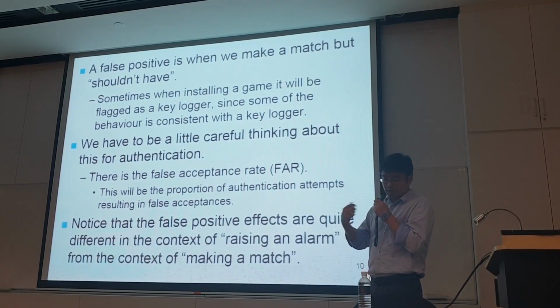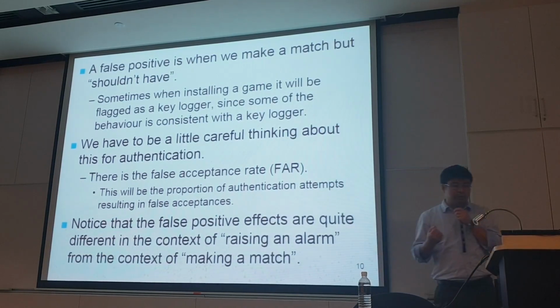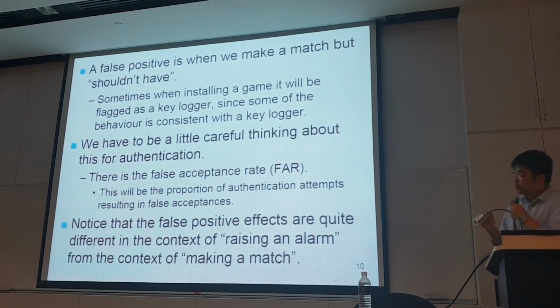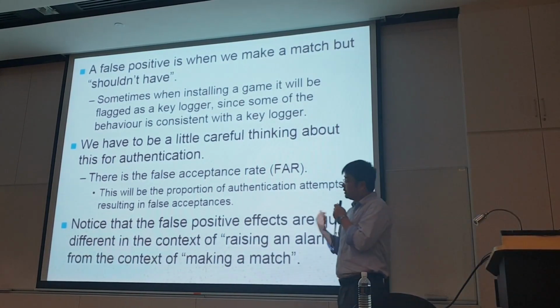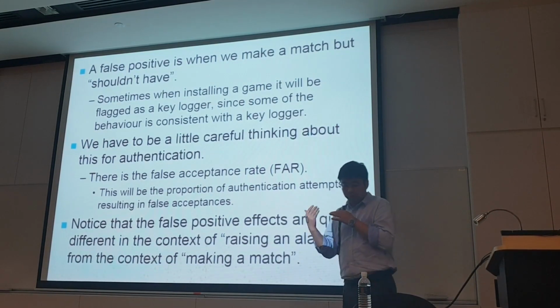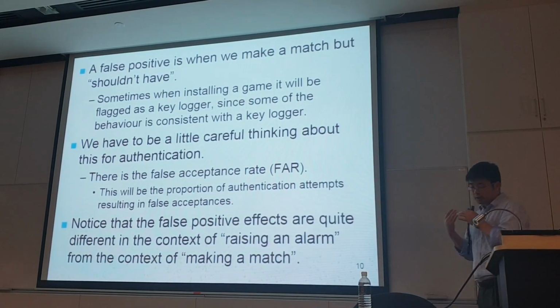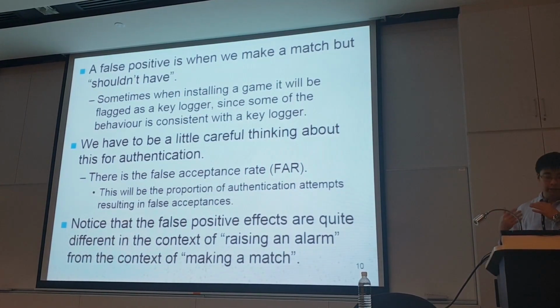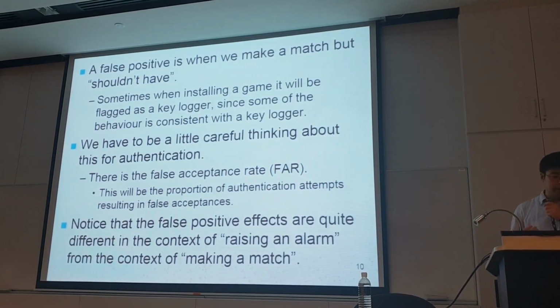As I mentioned just now, if you use a fingerprint to unlock your smartphone and are denied, that is a false negative. For false positive, sometimes you have a wrong credential, but the system will still accept it.